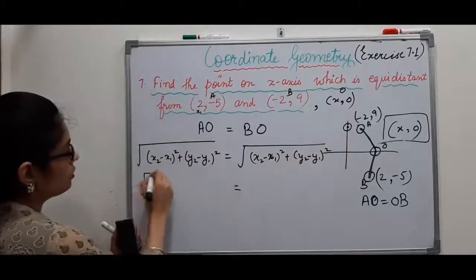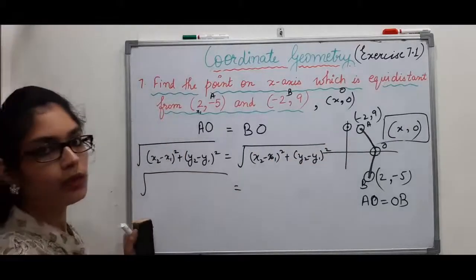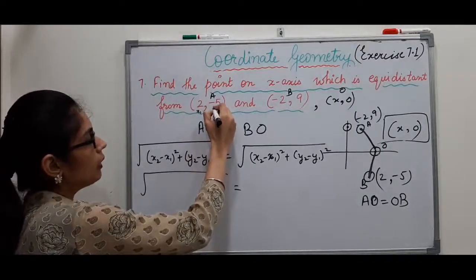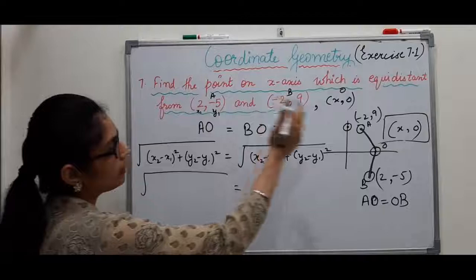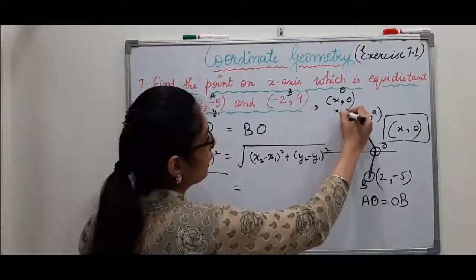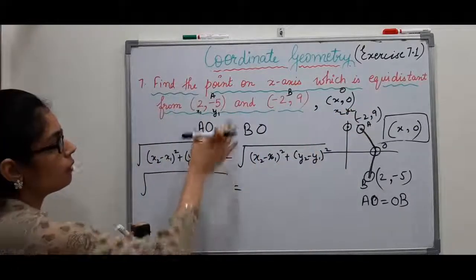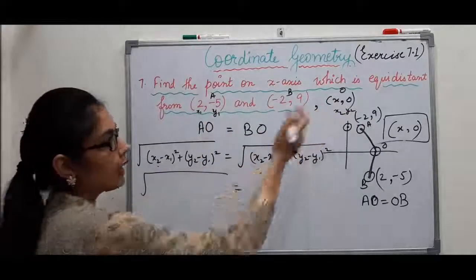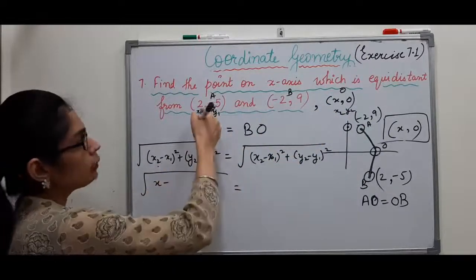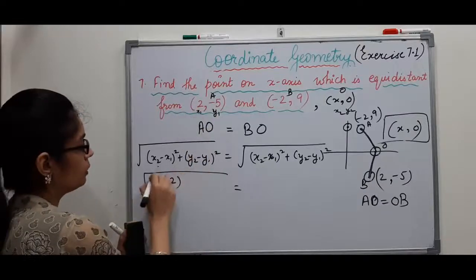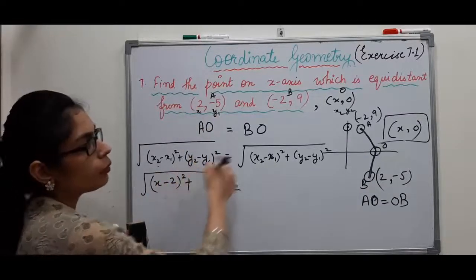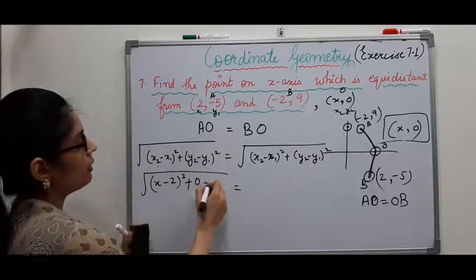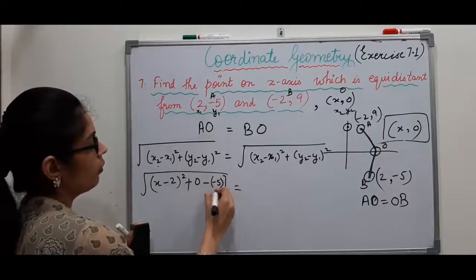So you just have to see the values of x1, x2 and y1, y2 accordingly. x1, y1 here, and this is x2, y2 in this case when I am finding AO. So x2, this is x, x1 it is 2 whole square, y2 it is 0 minus y1 it is minus 5 whole square.